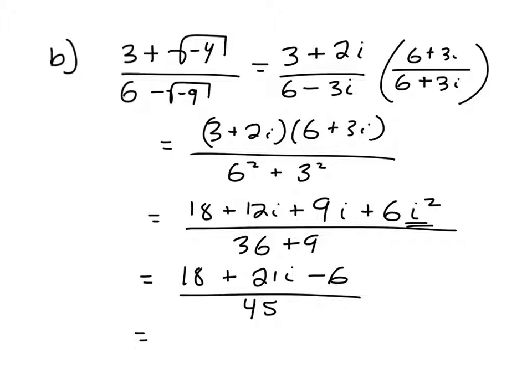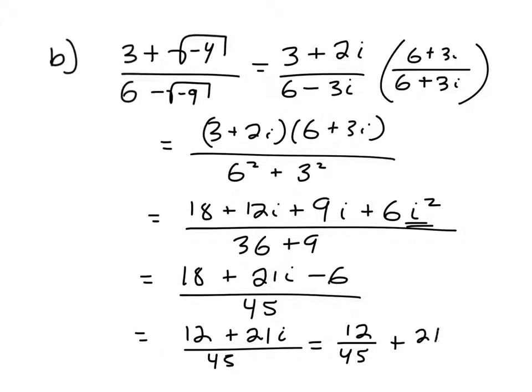Then I need to combine the top a little bit more, so 18 minus 6 is 12, plus 21i over 45. Now let's bring this 45 under both of the terms, so 12 over 45 plus 21 over 45i.